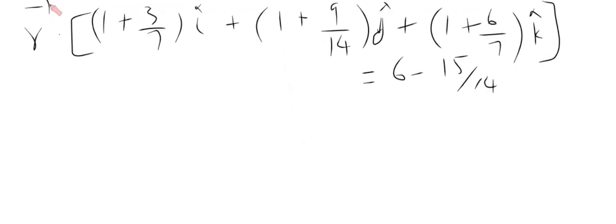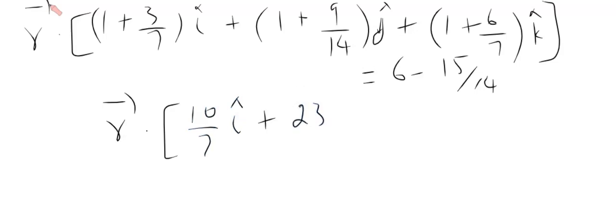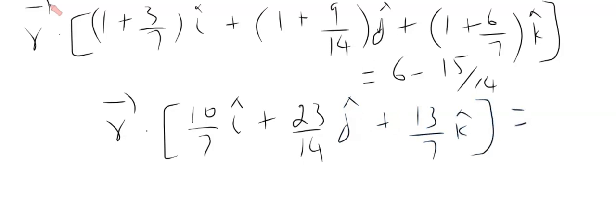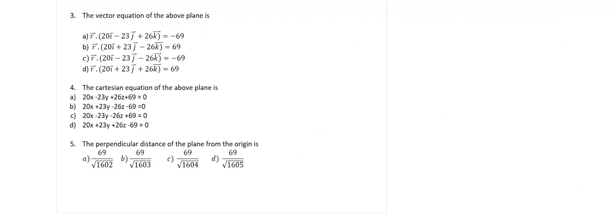On further simplifying, we get r vector dot 10 by 7 i plus 23 by 14 j plus 13 by 7 k is equal to 69 by 14. So let's see which option is correct.